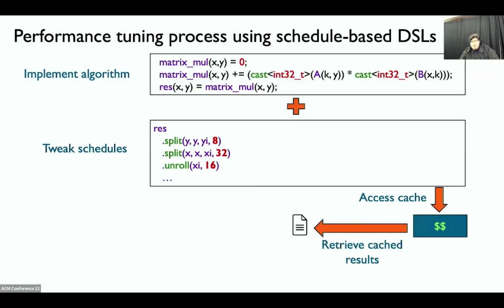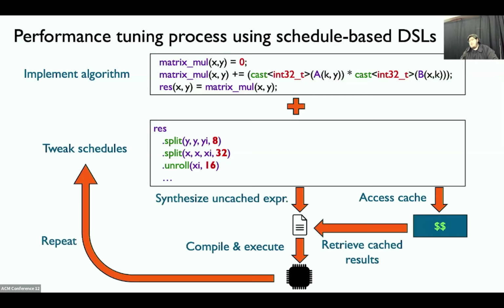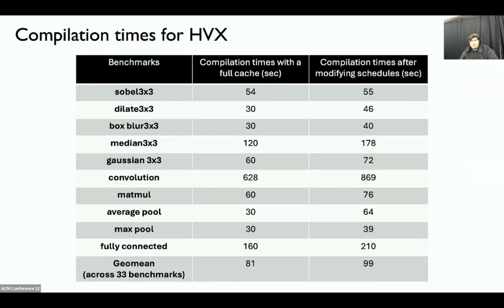When you recompile this program through Hydride, Hydride just accesses its cache and retrieves the cached results, any uncached results are synthesized, and then you can compile and execute. And then you can keep repeating this process. This turns out to be not so expensive in terms of compilation times, as I'll show briefly.